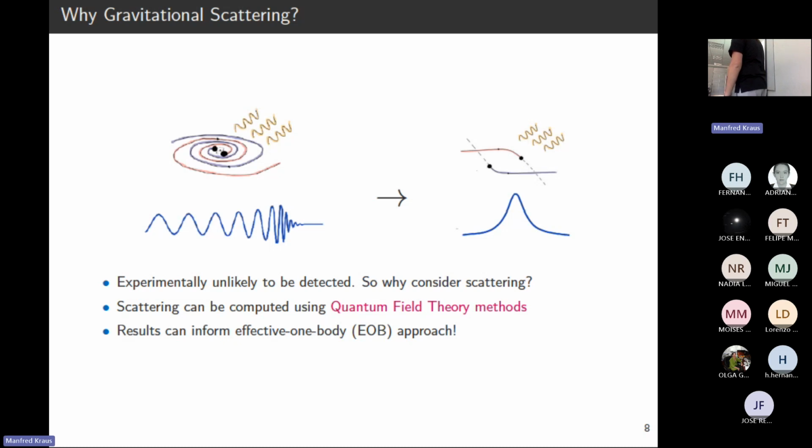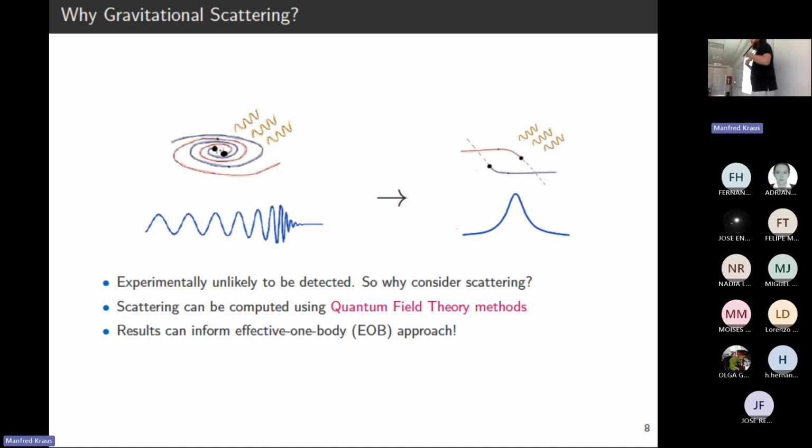So one point is that this we can describe in quantum field theory, and the effective one-body approach can make use of these results. Because if you think of it in classical general relativity, the difference between scattering and bound states is simply a matter of initial conditions to your Einstein equations.